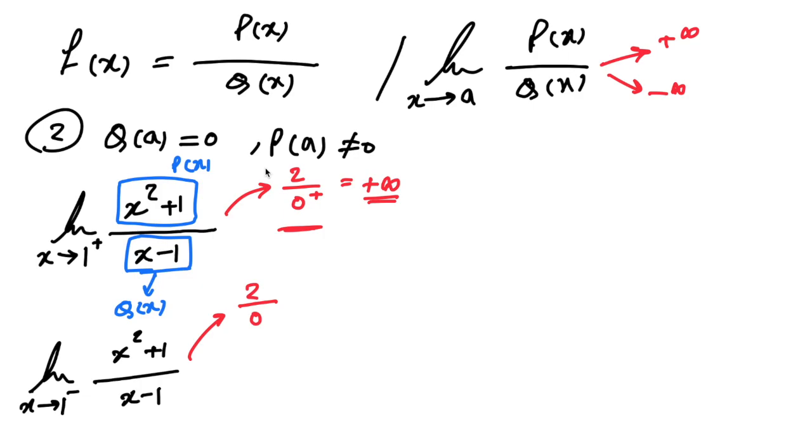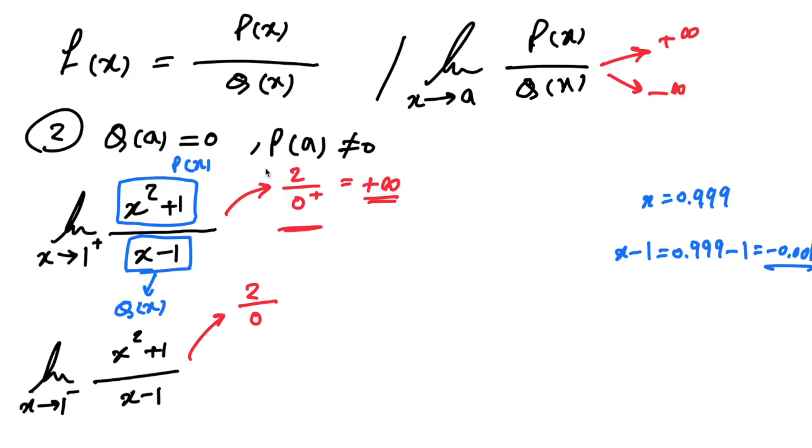That's easy. Just choose a number so close to 1 but less than 1, like x equal 0.999. So what is x minus 1? It is 0.999 minus 1, which this time is negative 0.001.